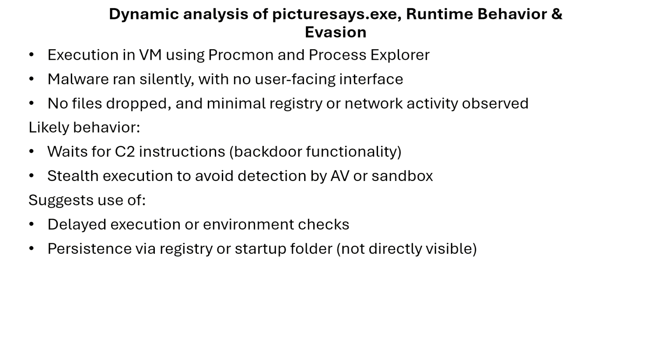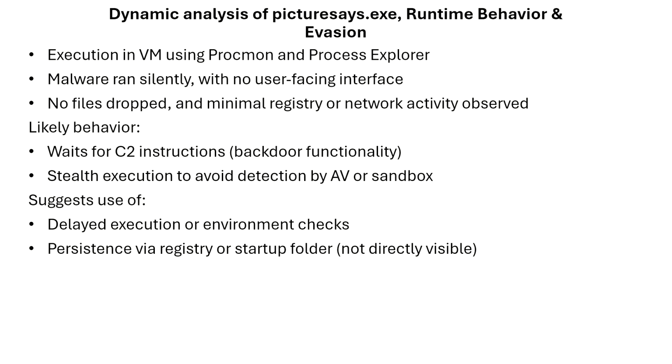Next we ran picturesafe.exe in a virtual machine. Here's what stood out. It executed silently with no user interface, no files were dropped, and almost no registry or network activity was observed here.